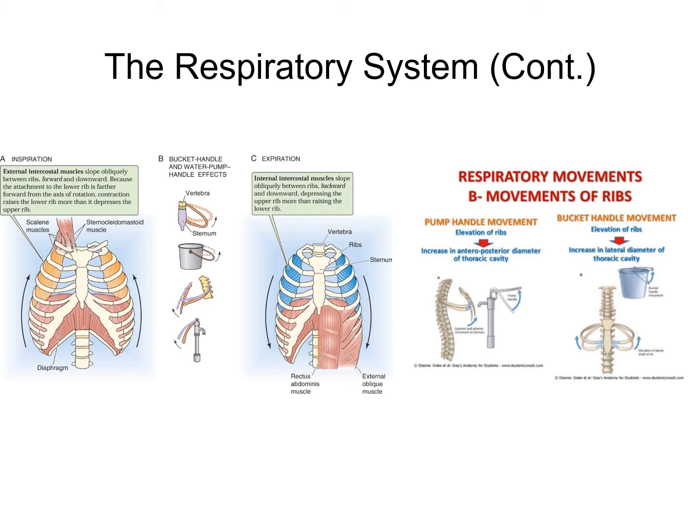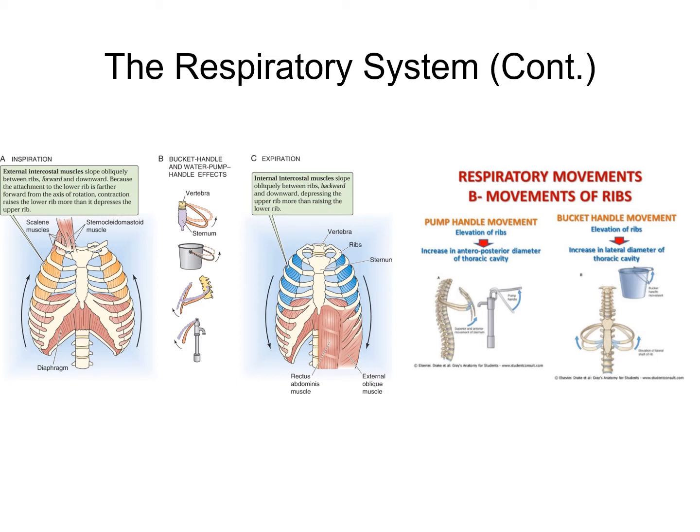So the pump handle involves the upper ribs, which are going to elevate up anteriorly, and that bucket handle movement involves the lower ribs, which move more laterally or flare outward. But please note that the costotransverse and the costovertebral joints are involved in both the pump handle and the bucket handle movements.